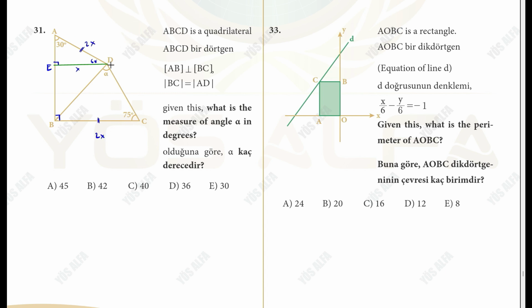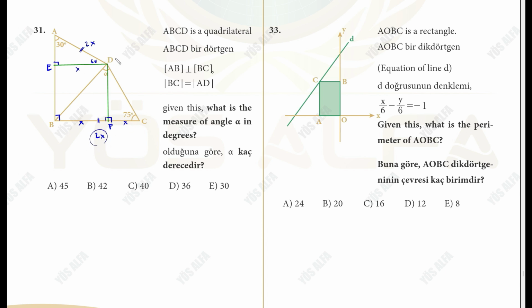Now let's construct another perpendicular line from D to BC, and let's name it F. If ED is x, then BF is also x, because these two sides are parallel and this is perpendicular. If BF is x, then FC is also x, because the entire length of BC is 2x.